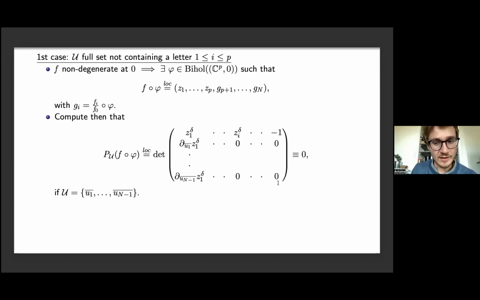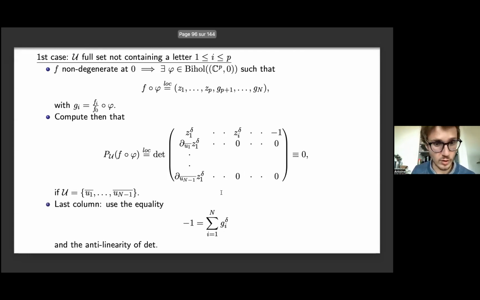And so for the last column, here we use a combination between the columns to make this last column appear. And actually, since we know that F lands in the Fermat hypersurface, we know that this equality holds. So here, g_i for i between 1 and p is simply z_i to the power delta. And so here, this is because the image of F lands in the Fermat hypersurface.